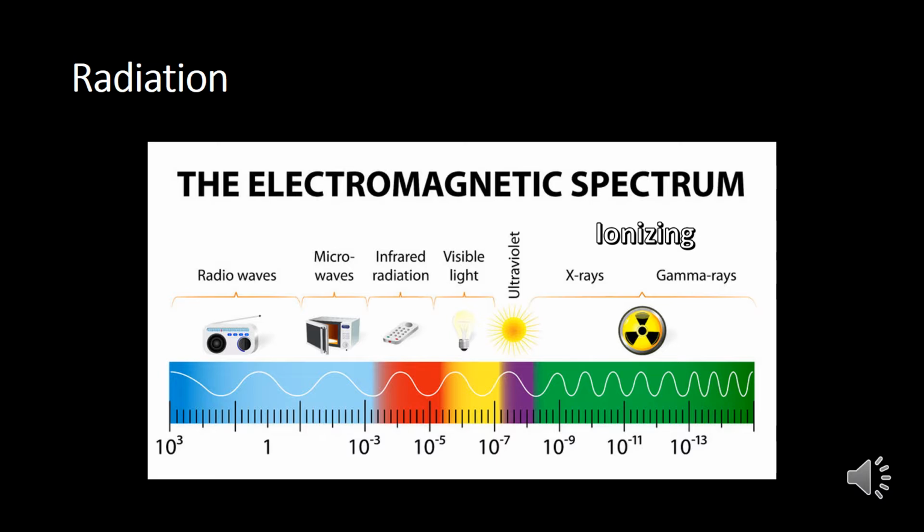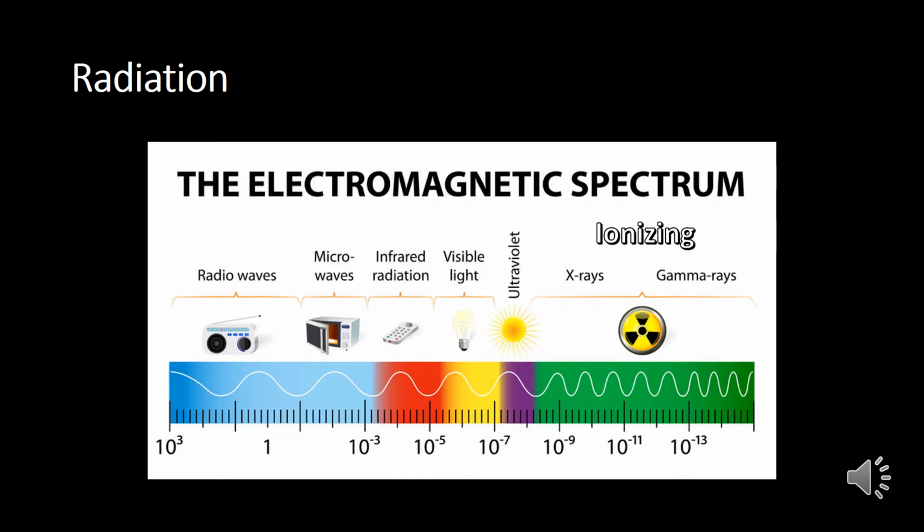So let's look at the electromagnetic spectrum. X-rays and gamma rays have high energy. They're located on the far right side of our spectrum. Because they have this high energy, it's enough energy to cause ionization, enough energy to knock an electron out of orbit.